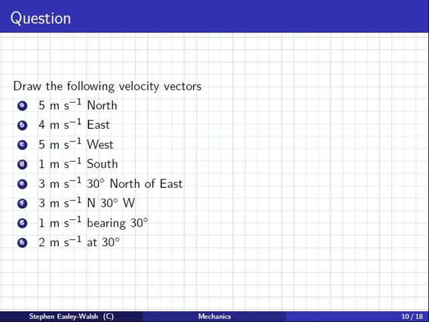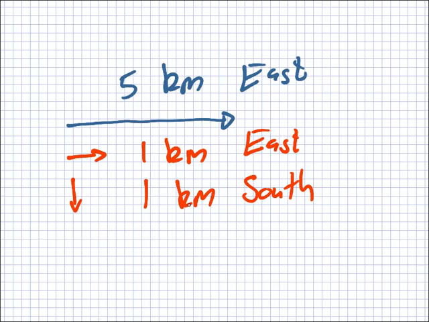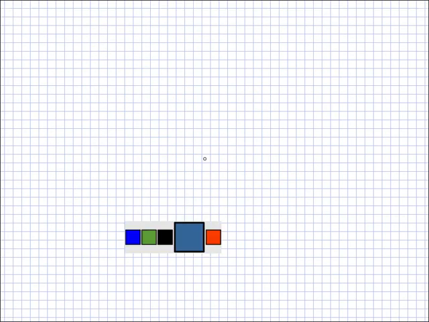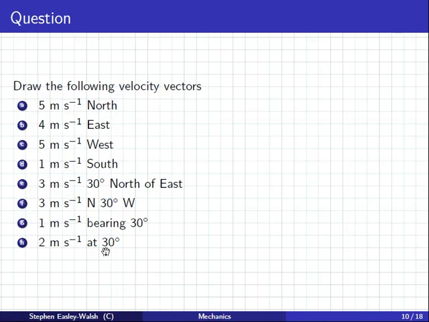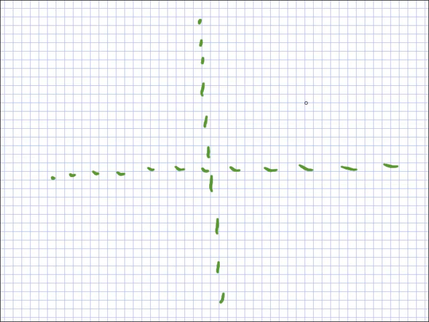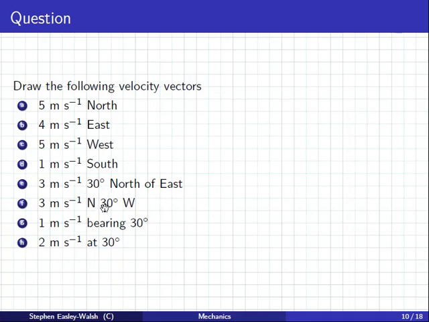This one here, I'd like you to do this in your notebook to practice. So first just draw a compass. And I'd like you to put all of these vectors on your compass: north, south, east and west. Now you might get a little bit of trouble towards the end, but you should be able to do the first few.